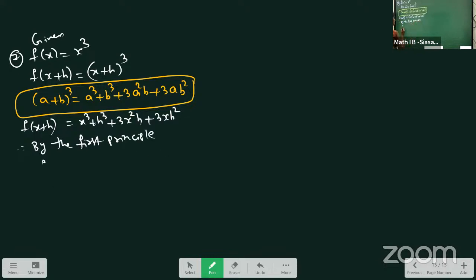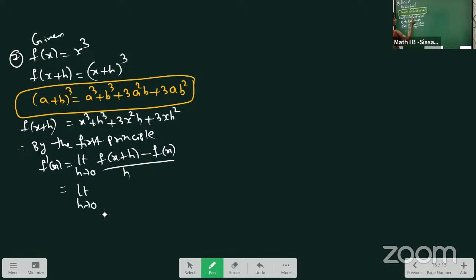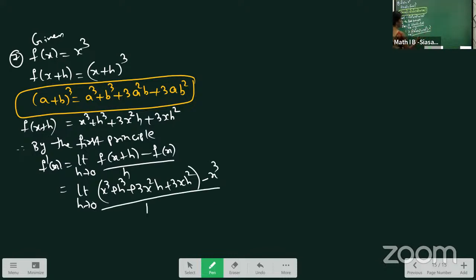So f dash x is equal to limit h tends to 0, f of x plus h minus f of x by h. So limit h tends to 0, f of x plus h value is x cube plus h cube plus 3x square h plus 3x h square, minus f of x, which is x cube, by h.